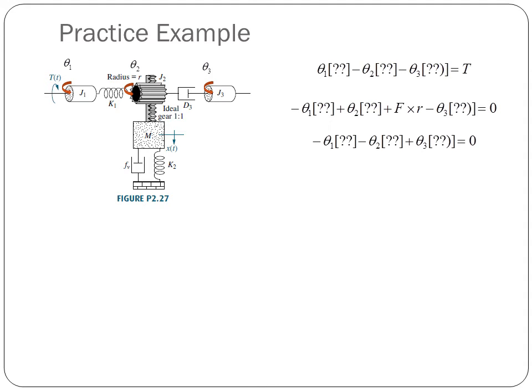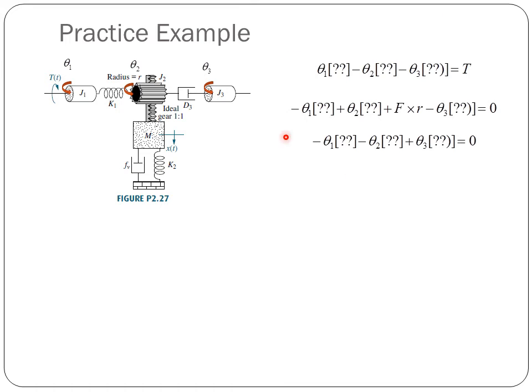And then we can see that the third equation we can write in a similar fashion. This should be 0, this should be D3, and this should be J3 and D3 equal to 0, because there is no torque. That's it.